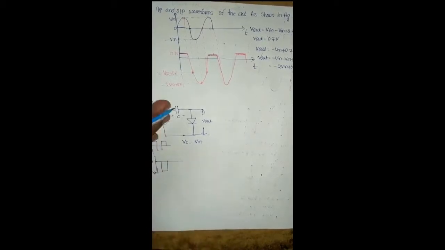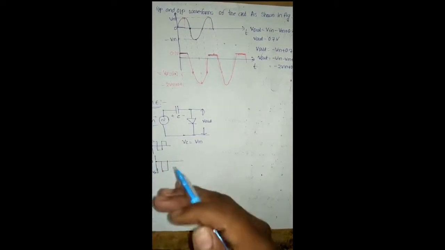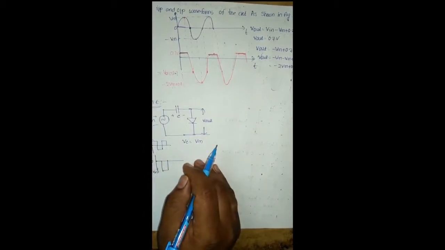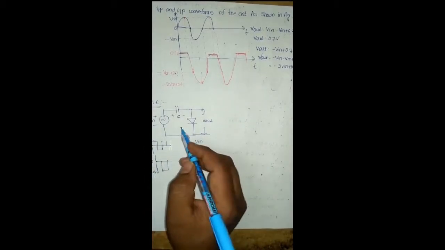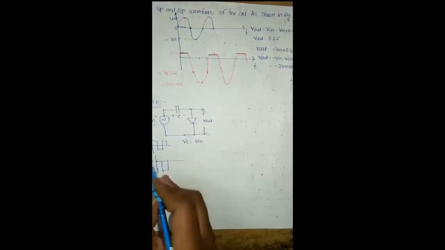It means that the same input signal is clamped to the negative side. How much DC voltage is added to the given input signal depends upon the voltage stored across this capacitor.